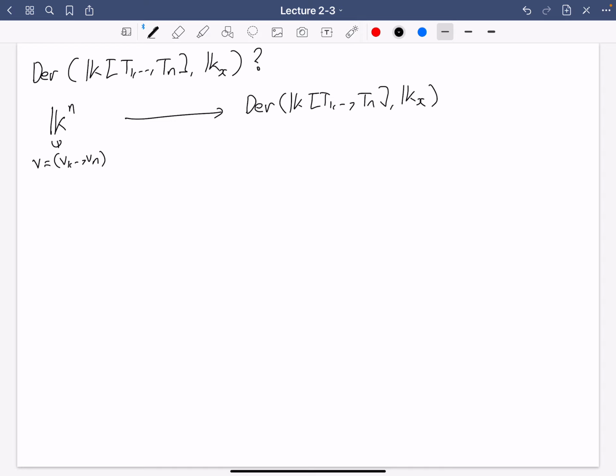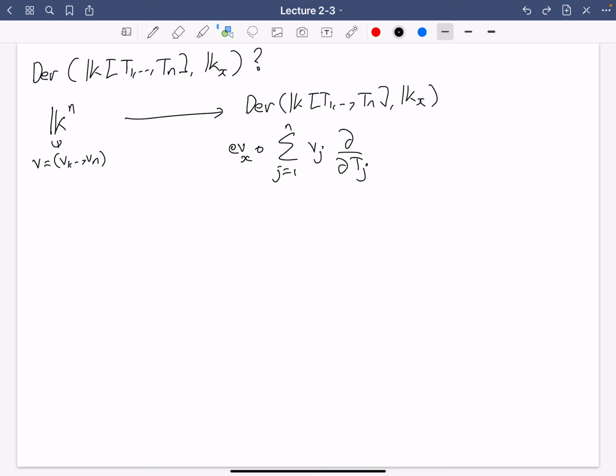Well, you can build out of that v a derivation, right? Each of these partial derivatives, d/dt_j, is a derivation of the polynomial algebra. So if you take a linear combination of them, where the v_j, the entries of this vector v, are the coefficients, that's a derivation. And if you just compose it with evaluation at x, then that gives you a point derivation.